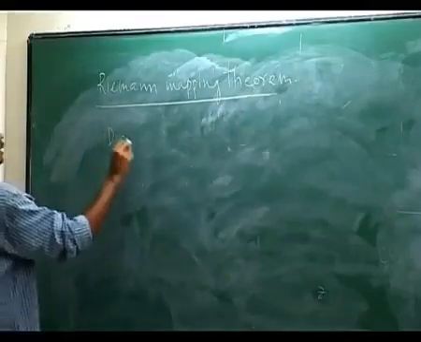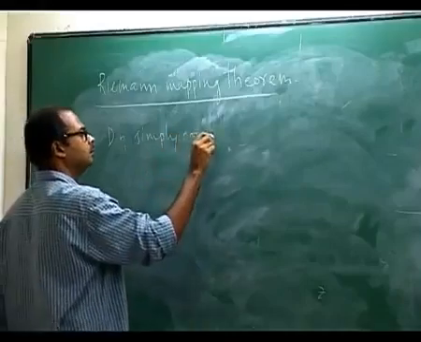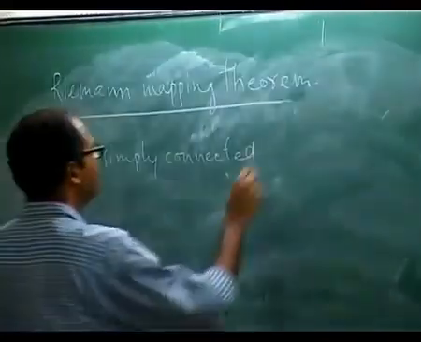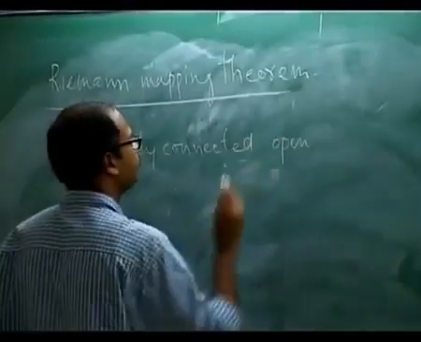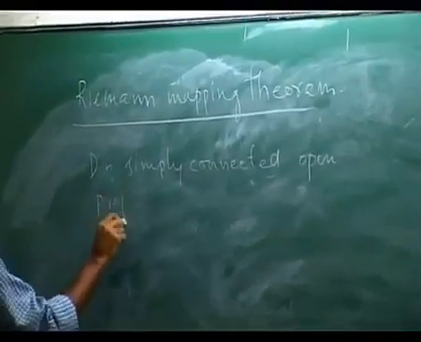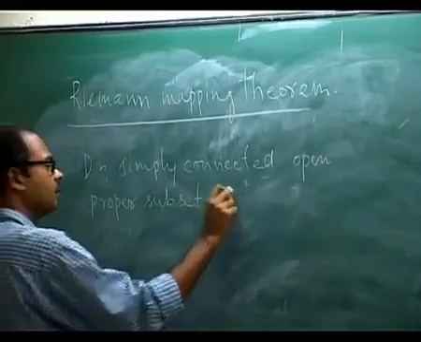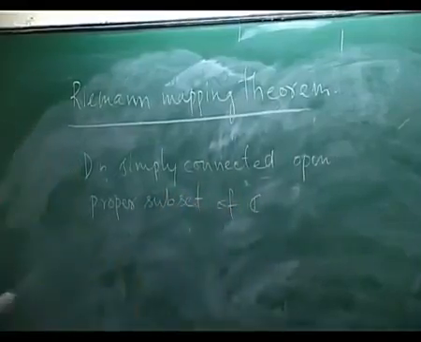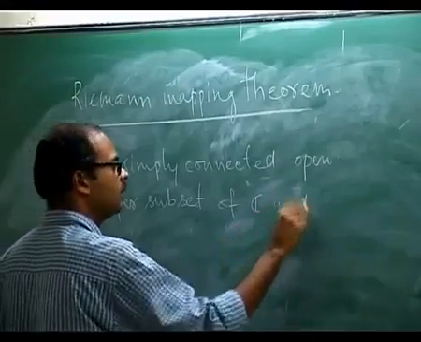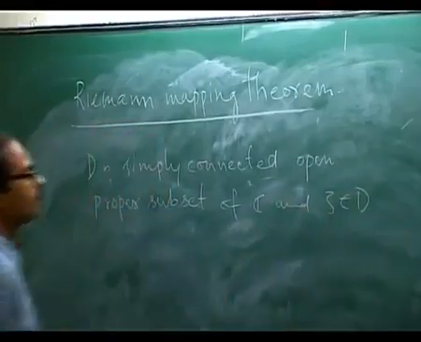Suppose D is a simply connected open proper subset of C, and choose a point in this D.